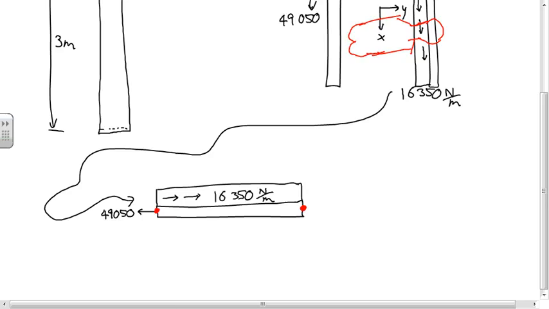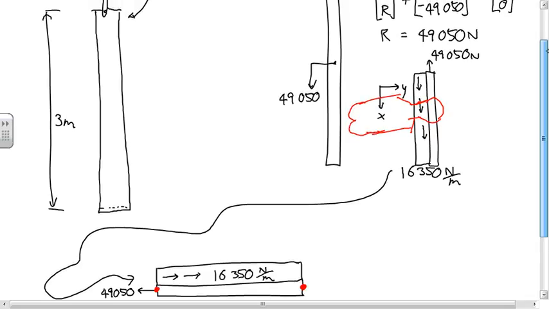You can put your coordinate system however you want it, and mine is like this. Why were you ignoring the R? We're not, it's right there. We calculated it.